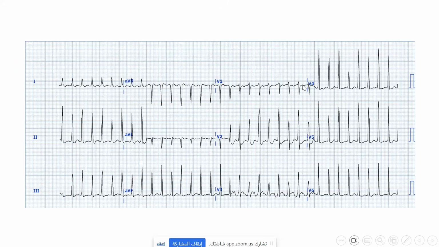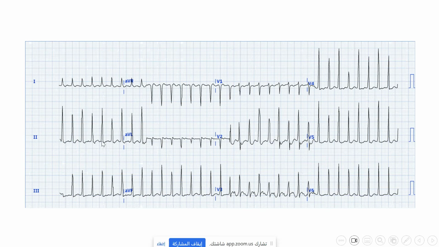What other features? Look if there is anything else in the ECG. You may appreciate some kind of electrical alternans. It can happen with tachycardia, and it can happen with other kinds of cardiac problems, like if the patient has pericardial effusion.